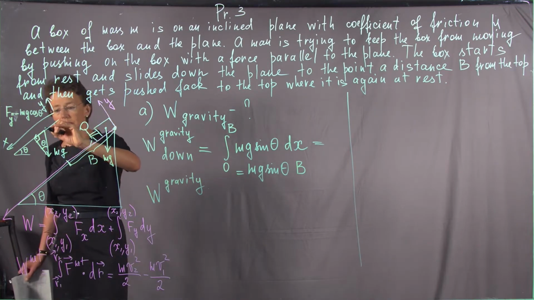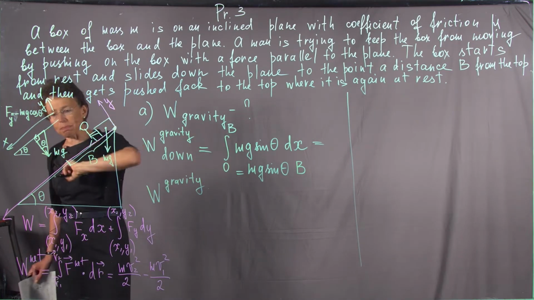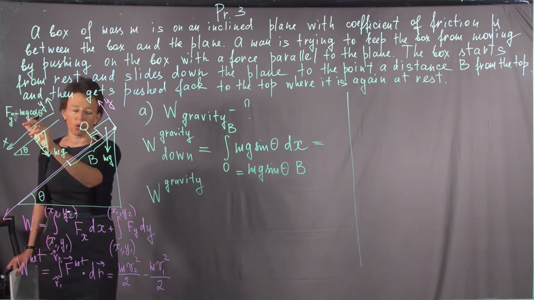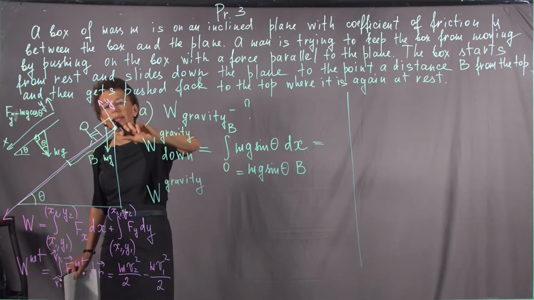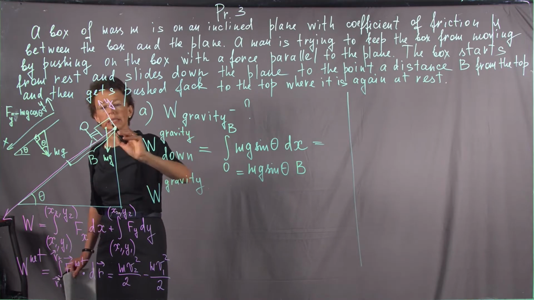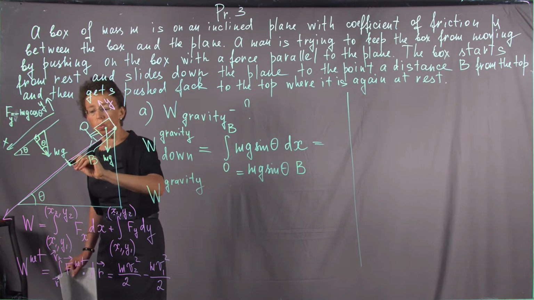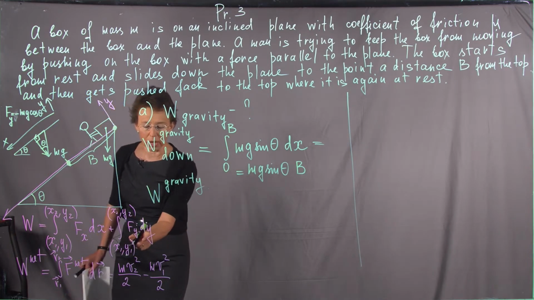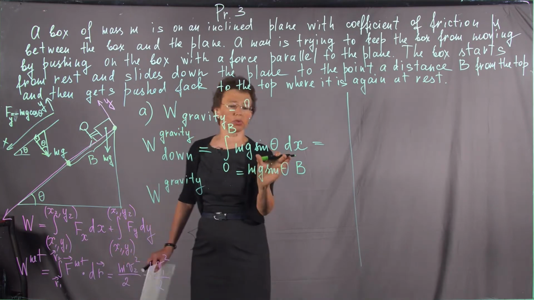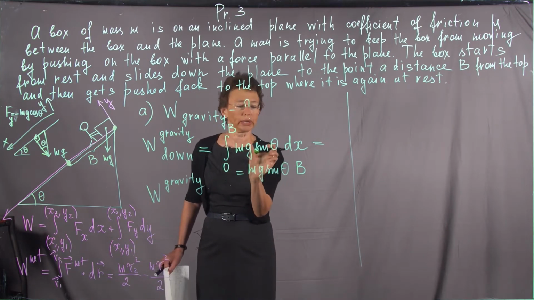So there is y component of gravity. However, the limits in y with my choice of coordinate system will be from 0 to 0. So y is 0 here, y is 0 here. From 0 to 0, the second integral will be 0. That's why I wrote here only Fx dx.